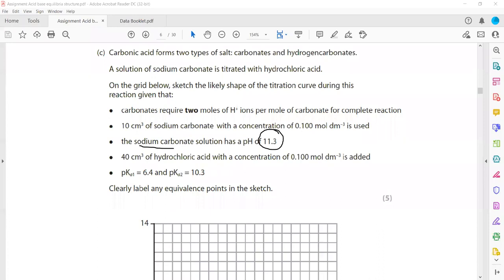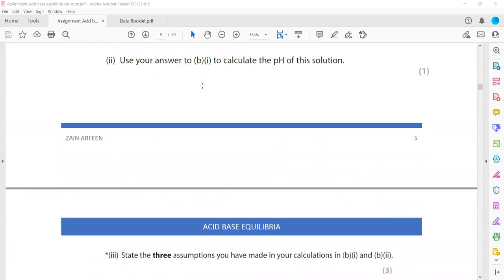So two dissociation constants are there, as you can see, pKa1 and pKa2. What is the meaning of pKa1? It means this is the moment when the CO3 ion is reacting.